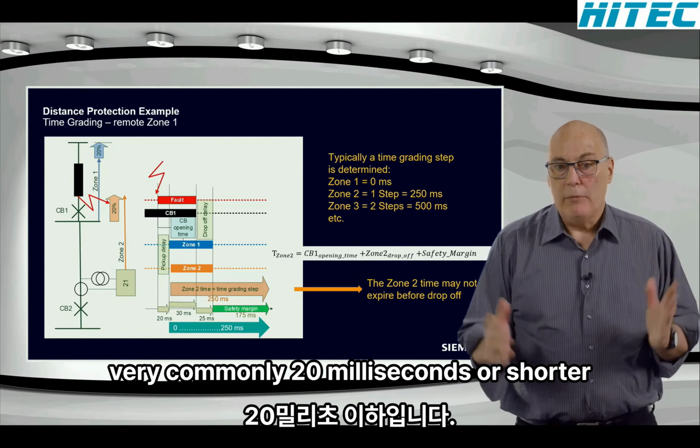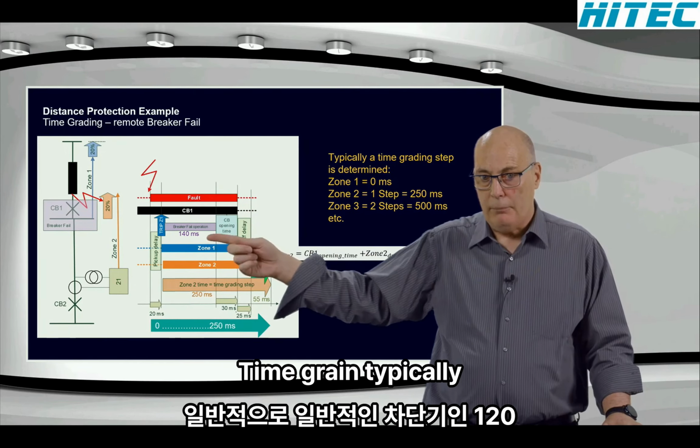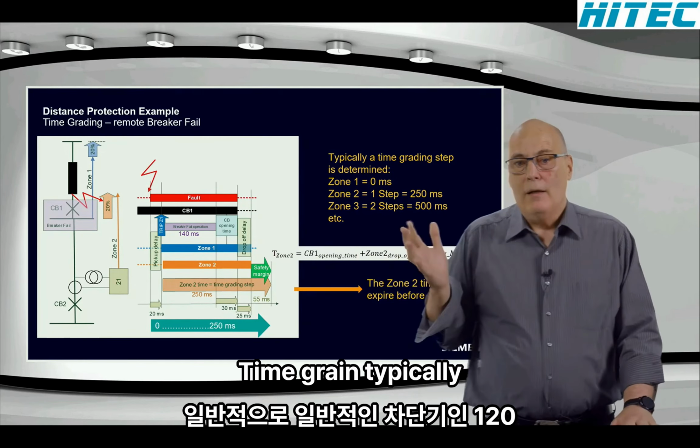It needs a certain time, because that local backup at the top must also be checked, so that the breaker failure does not trip the bus bar before the zone 1 had a chance to open the breaker. So there's a time grade, typically 120, 140 milliseconds. That's the typical breaker failure time, in which you allow that breaker at the top to clear.